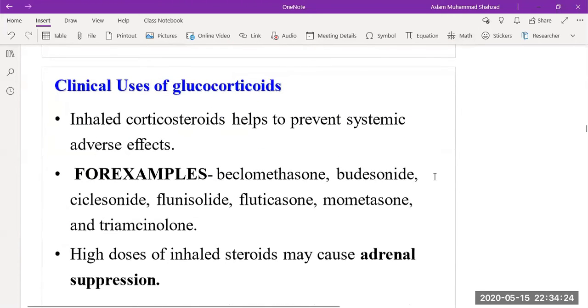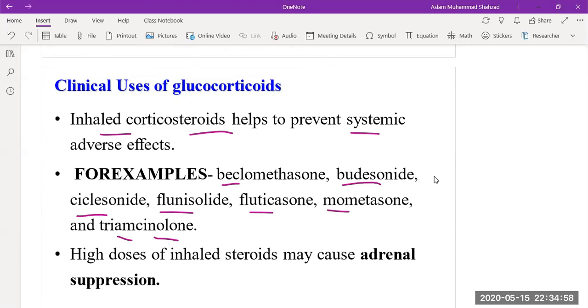For the clinical use of glucocorticoids, the inhaled corticoids will be preferred because they have fewer systemic effects. As we know, corticoids or corticosteroids have a lot of adverse effects. The list of drugs has been given to you here: beclomethasone, budesonide, ciclesonide, flunisolide, fluticasone, mometasone, and triamcinolone. How to memorize the names of the drugs?